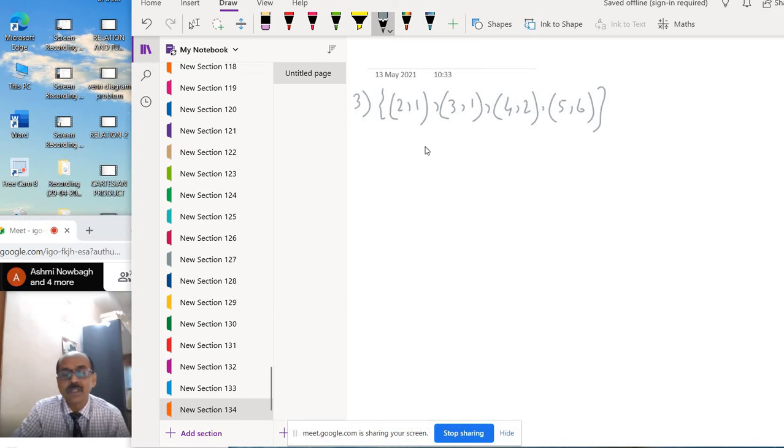So we know from the definition, all the elements of the first set have one and only one image.